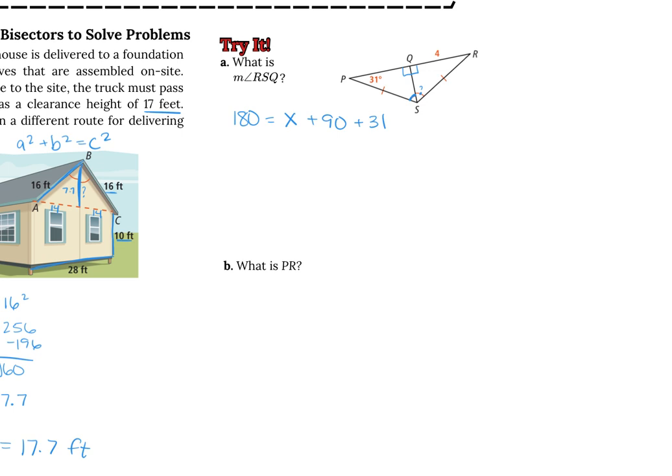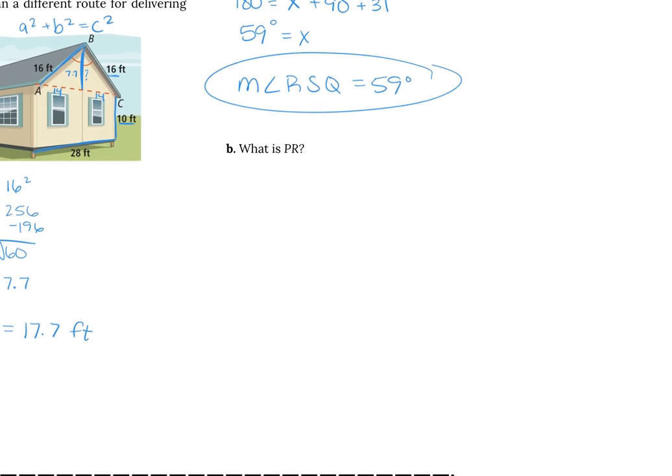Now I'll solve for X, and I would find that the missing angle is 59 degrees. And X is also the missing angle that we're looking for. So the measure of angle RSQ would equal 59 degrees, as well as the angle we found.